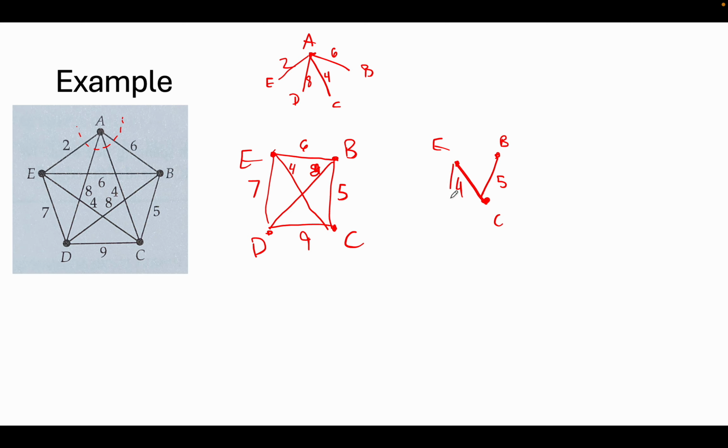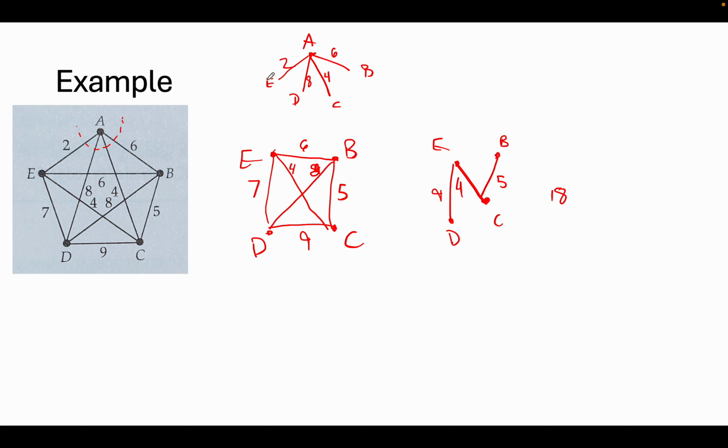And then ED, which is 9. And so the weight of this one is 4 plus 5 is 9, plus 9 is 18. And so now we've got this.